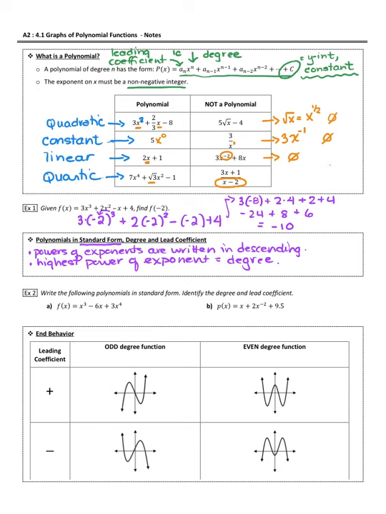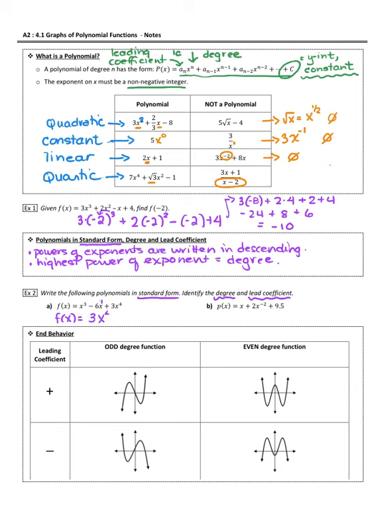Okay, so we have here example 2. They want us to write it in standard form, so we have to reorganize our terms, and then identify the degree and the lead coefficient, which is what you want to do after you've written it in standard form. So I look through here, I have an exponent of 3, I have an exponent of 1, and an exponent of 4. So I take the highest exponent, and that comes first.